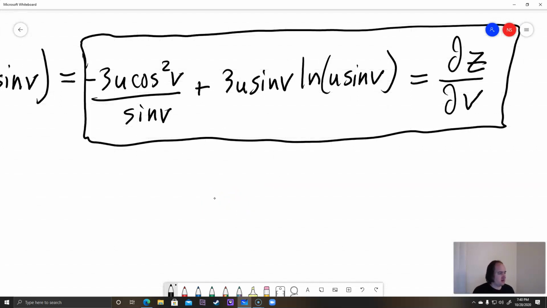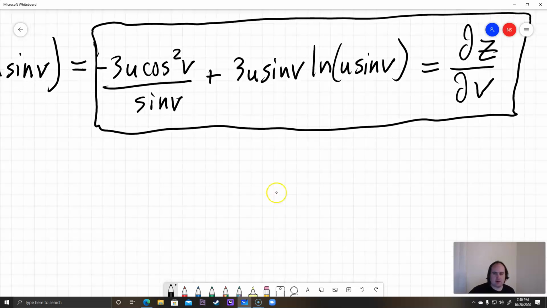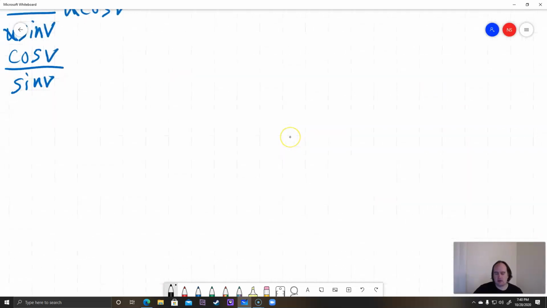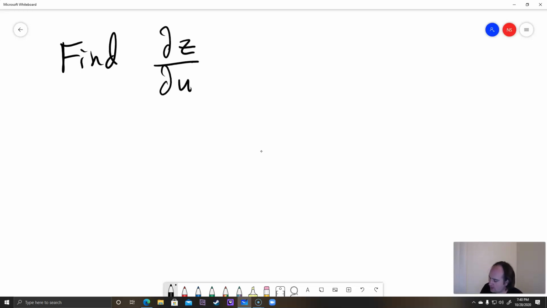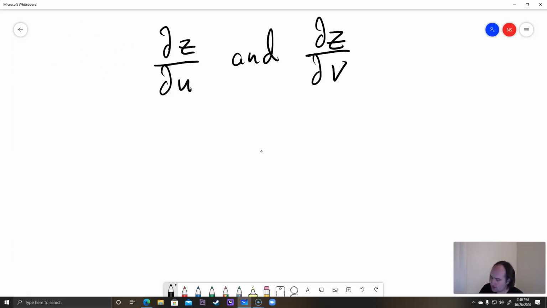And then the last thing that they want you to do for this problem is to plug in numbers. Okay, so at the end here, they want us to find partial z, partial u, and partial z, partial v. Actually, I should write it the way they did.